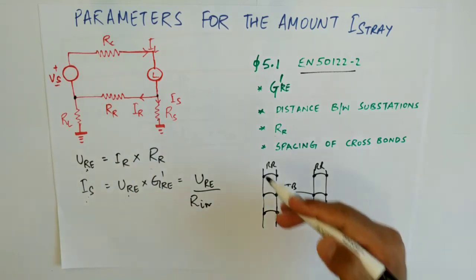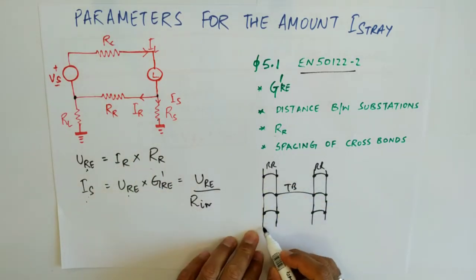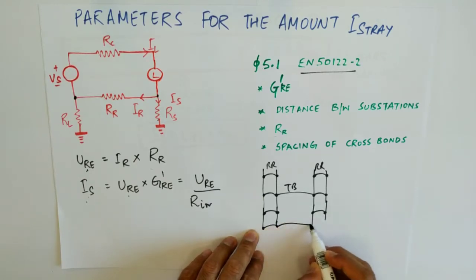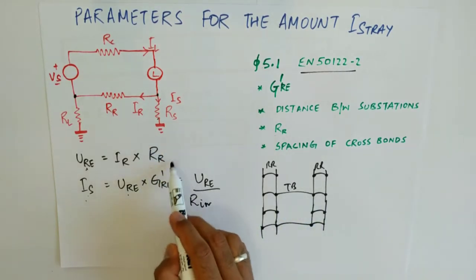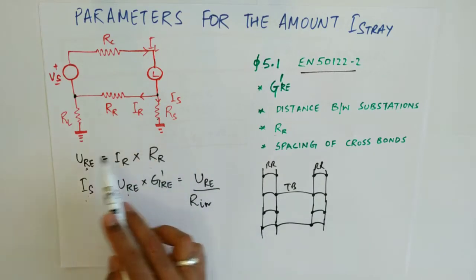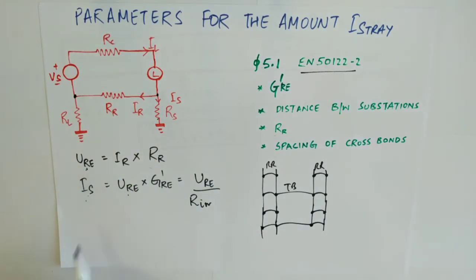If you do lesser spacing, if you have made the cross bonds at 250 meters or 300 meters, these track to track bonds, in this case your running rail resistance will decrease due to more paralleling. The more the paralleling, the lesser the resistance, the lesser your rail potential, so the lesser your stray current.